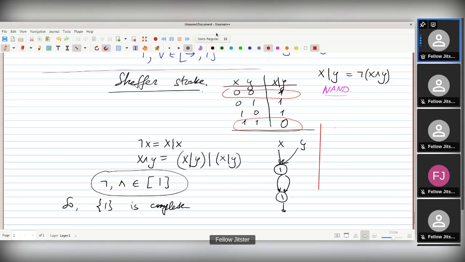As an exercise, you can consider the following Peirce arrow, which is negated disjunction, and prove that from this function you can obtain any Boolean function.